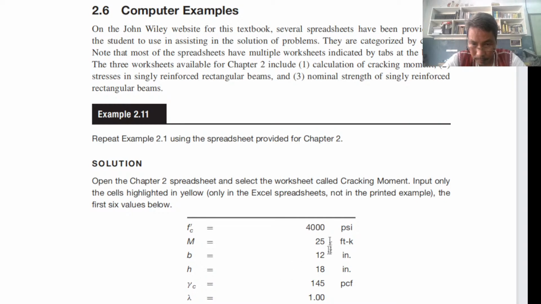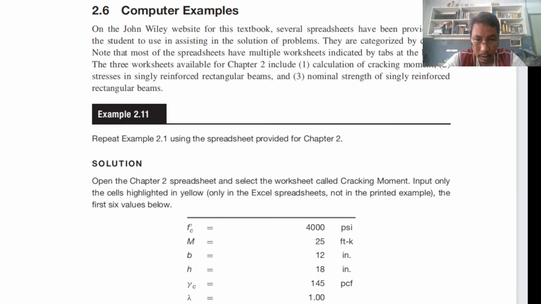So take note, we have the given values 4,000, 25, 12, 18, 145, and 1. So the first thing we have to compute is this one. This is moment of inertia. Let us recall f'c.